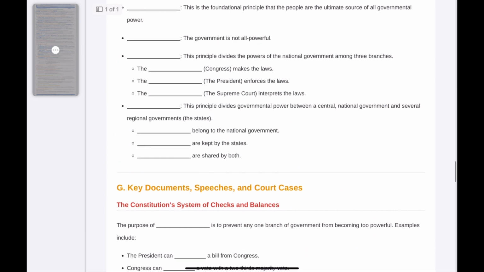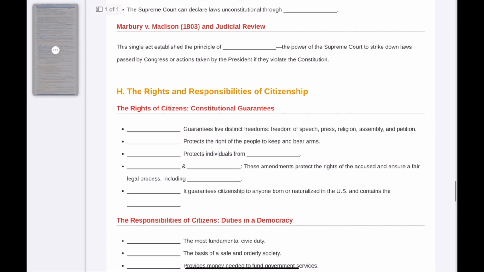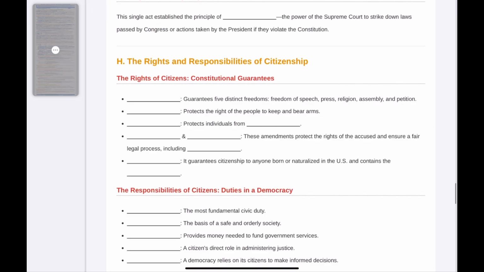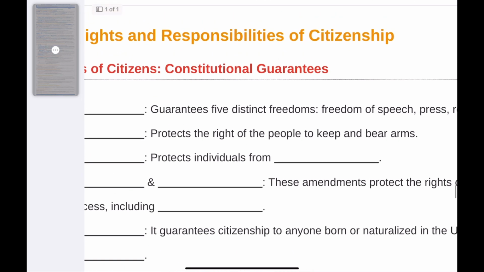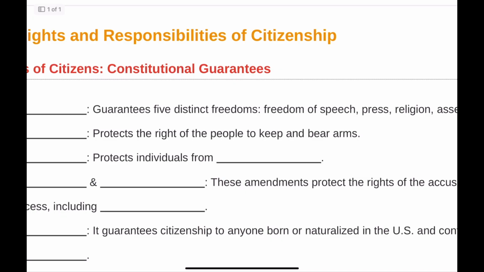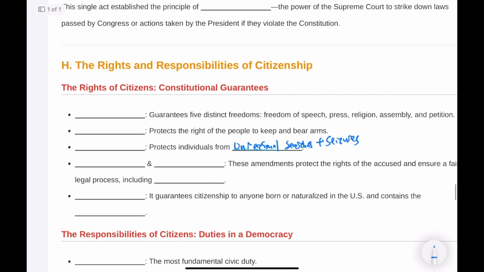We will fill in the blanks. And all right, we're looking for the key rights and responsibilities. So, protects individuals from unreasonable searches and seizures.